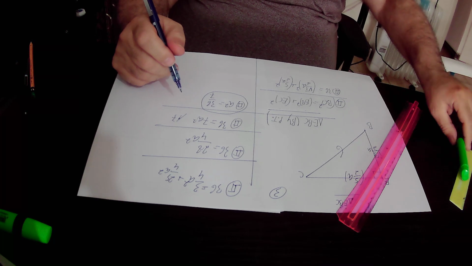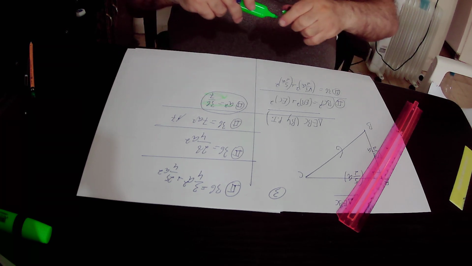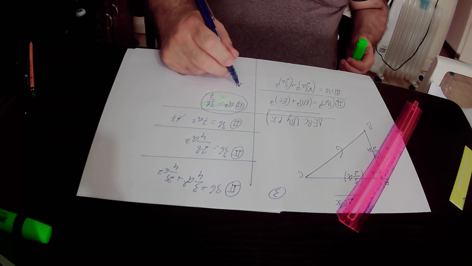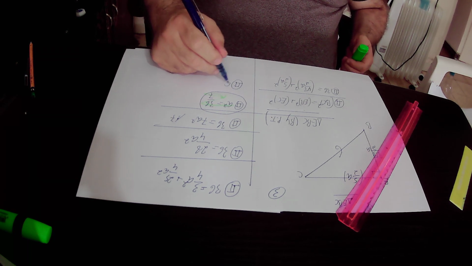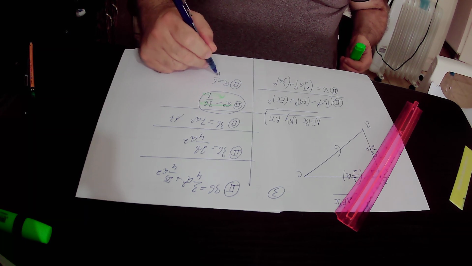Here we take the root of this equation, and we find out that A equals the square root of 36, that is 6, over square root of 7.